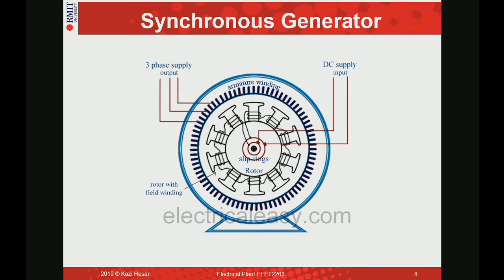Then this rotor is rotated externally by using a prime mover. When the rotating magnetic field crosses the conductors here, a voltage is induced in these conductors, and from these conductors you are taking out your electricity.